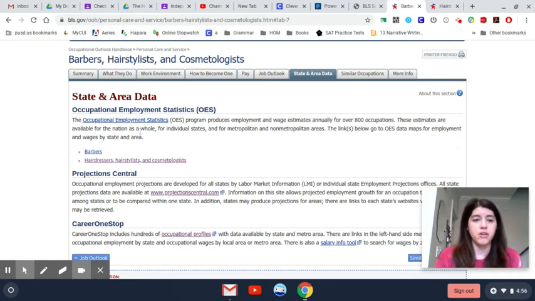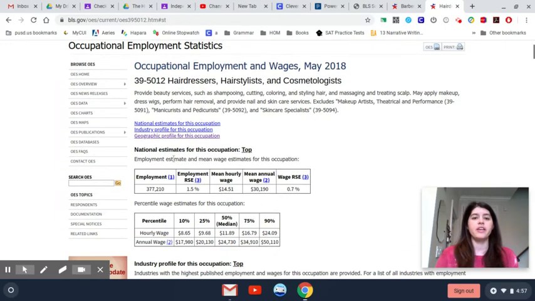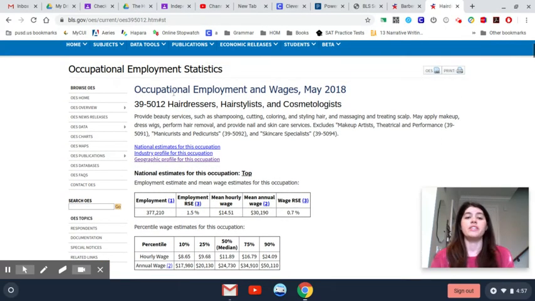These estimates are available for the nation as a whole, for individual states, and for metropolitan and non-metropolitan areas. The links below go to data maps for employment and wages by state and area. So this is the link that you want to click on. Because I've already gone here to make sure I was going to the right area, here is the link. It takes you directly.